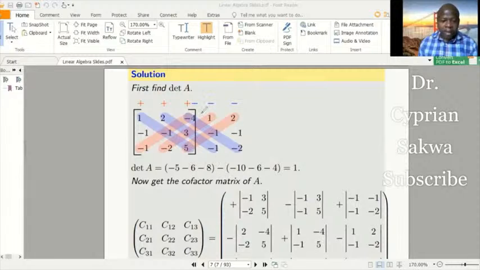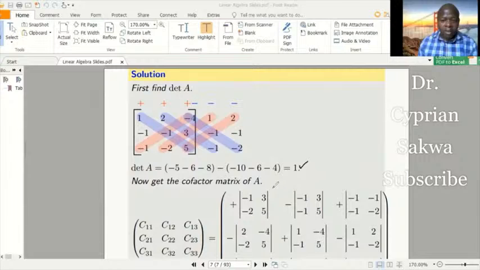And then minus these entries: minus this is negative 10, and this is negative 6, and this is negative 4. So when I do this, I get the determinant to be 1.